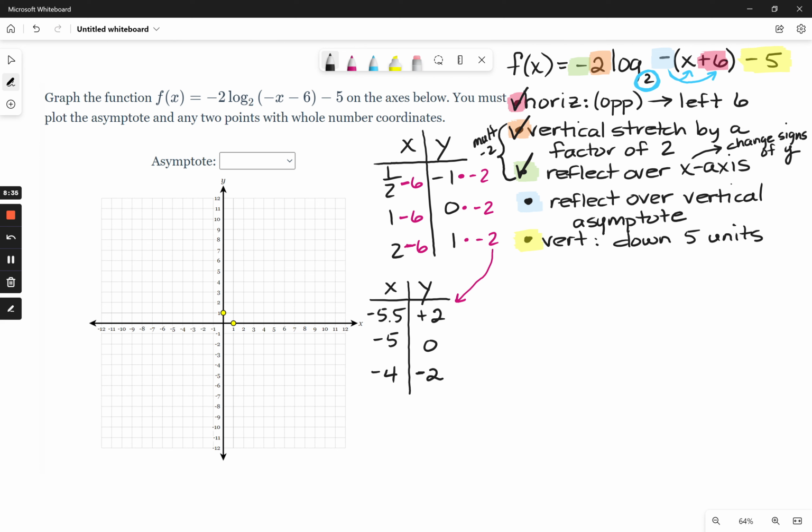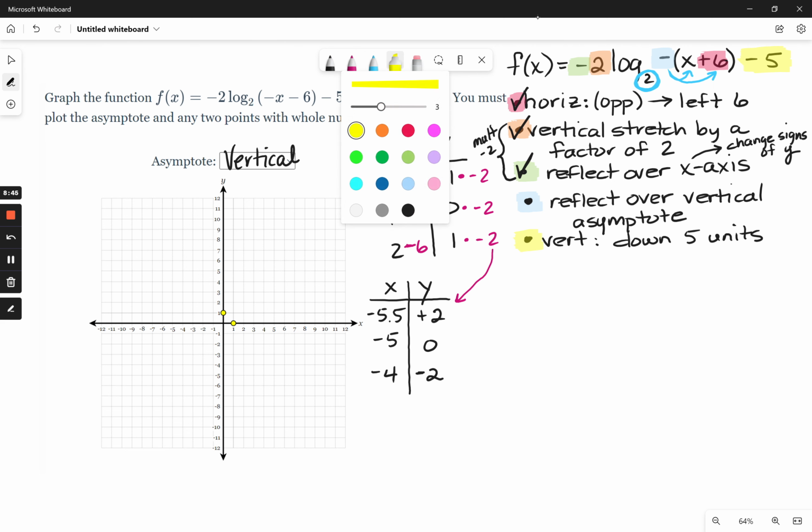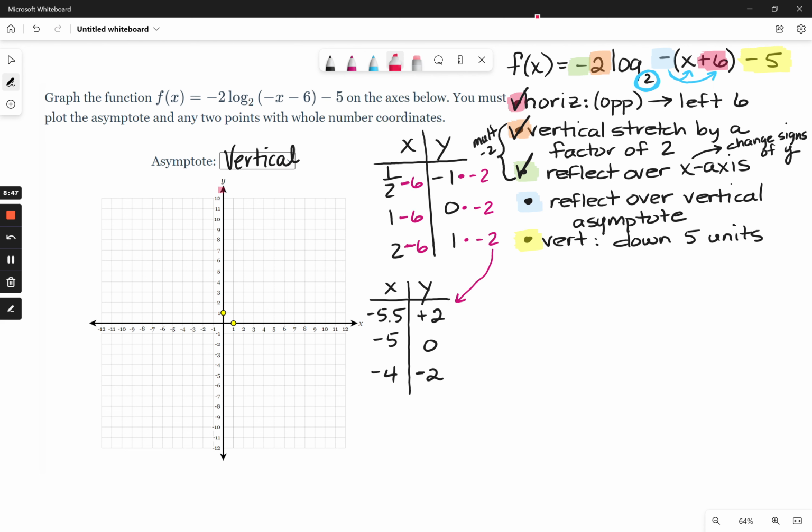So let's go ahead and write over here that we know it's a vertical asymptote because it's a logarithm. And we know from our parent function knowledge that our asymptote is actually at x equals 0.